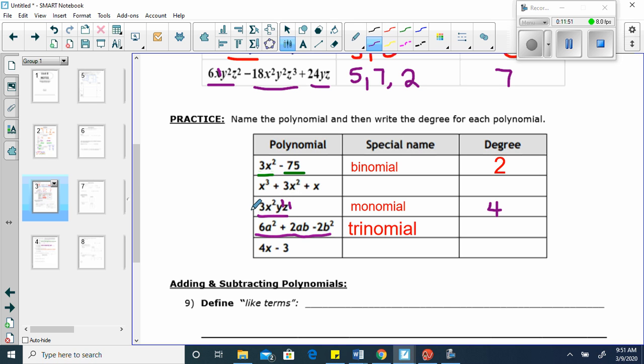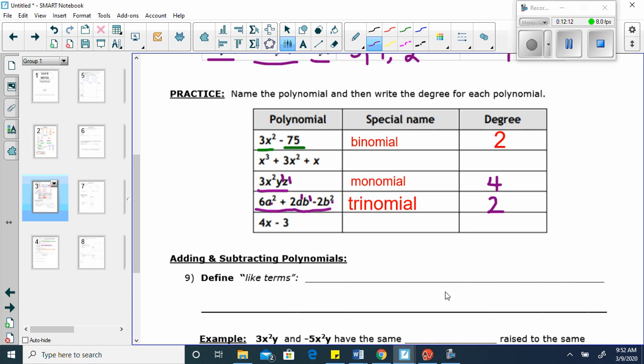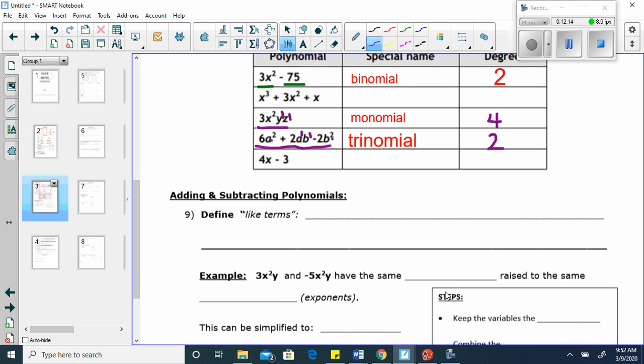Okay, so what is my highest degree in this trinomial? This has 2, this has 2, and this has 2, which means my highest degree is 2. Questions on that? You guys are going to fill out the other ones.